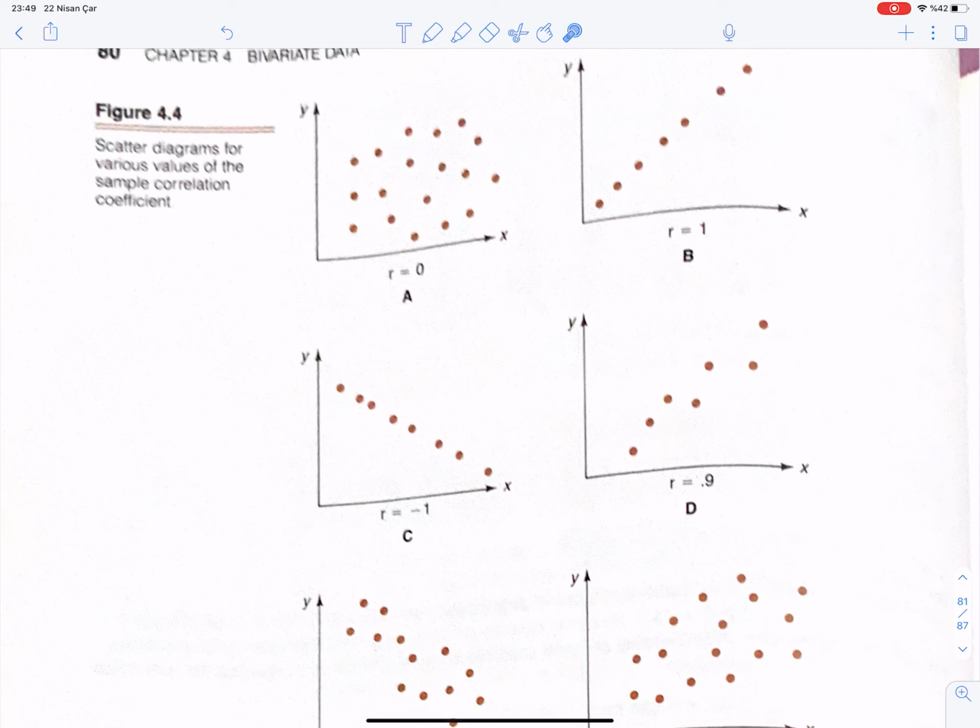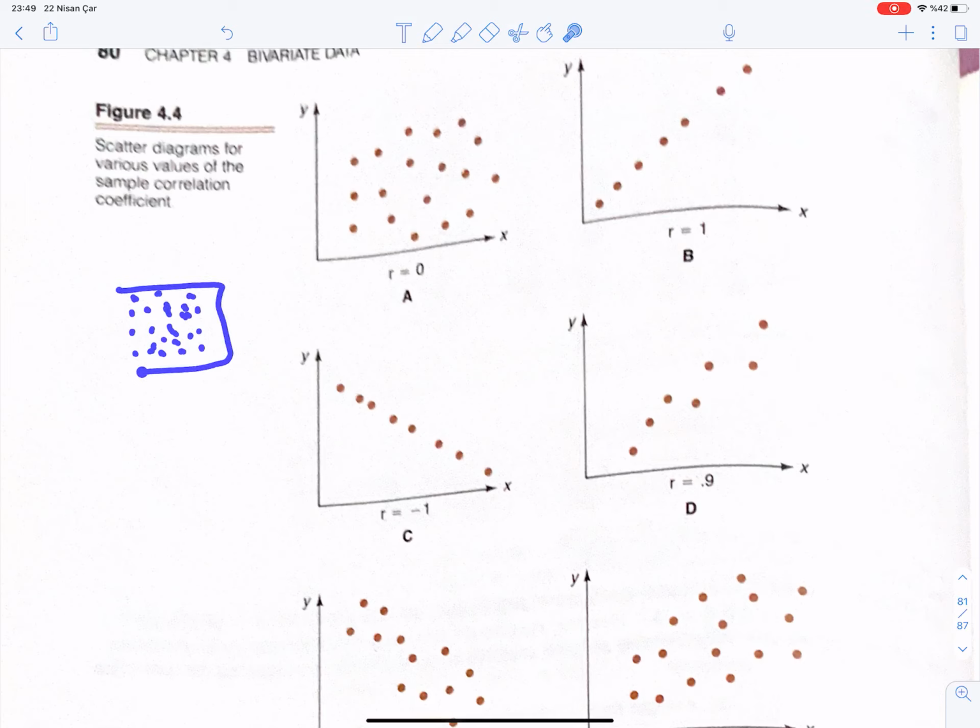So this one is no correlation. The dots are within a circle. Or you could have such dots. It doesn't mean you should necessarily observe the dots within a ball.